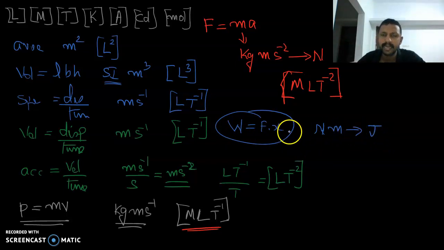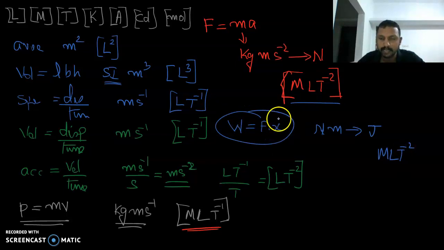Therefore, let's go for the dimensional formula. For that, the formula for work is W is equal to F dot X, or force into displacement. Therefore, what's the dimensional formula of force? It is MLT raised to minus 2. Then I'll write MLT raised to minus 2 into the dimensional formula of displacement.